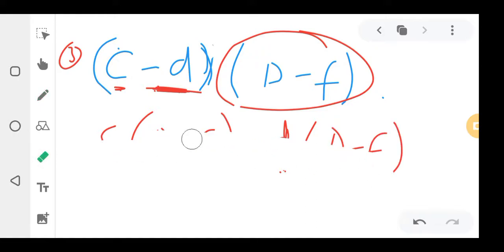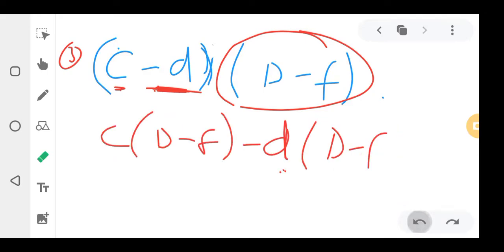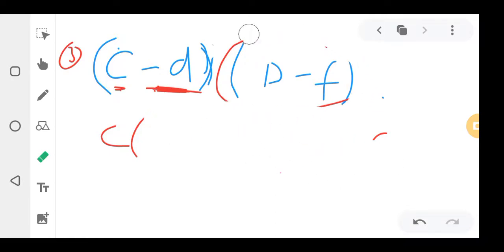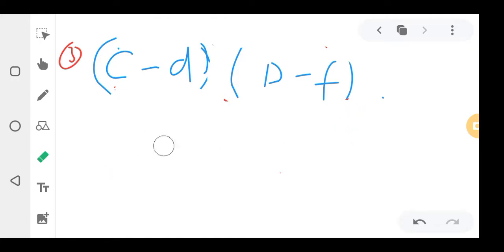I repeat the question again to make you understand. What am I saying? I said, if the question comes like this, the first letter here, we pick it. What is my first letter? C. I bring c here.